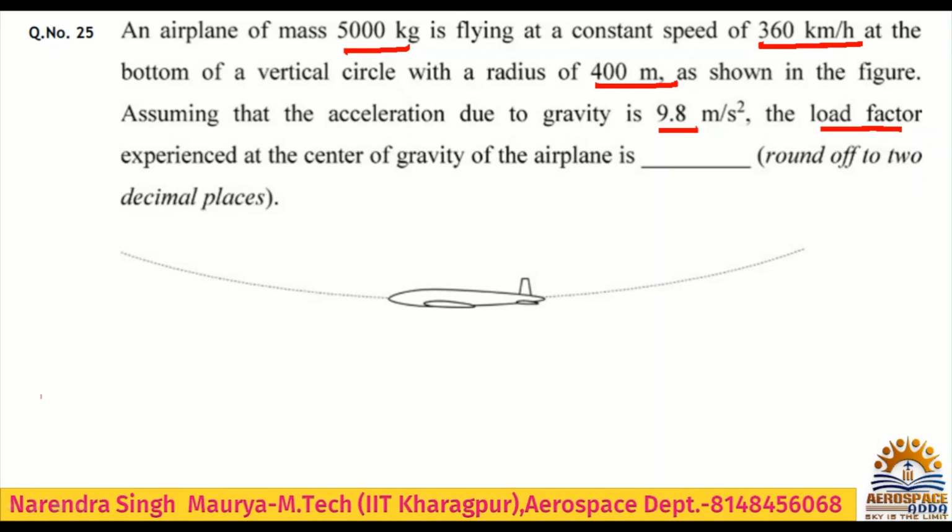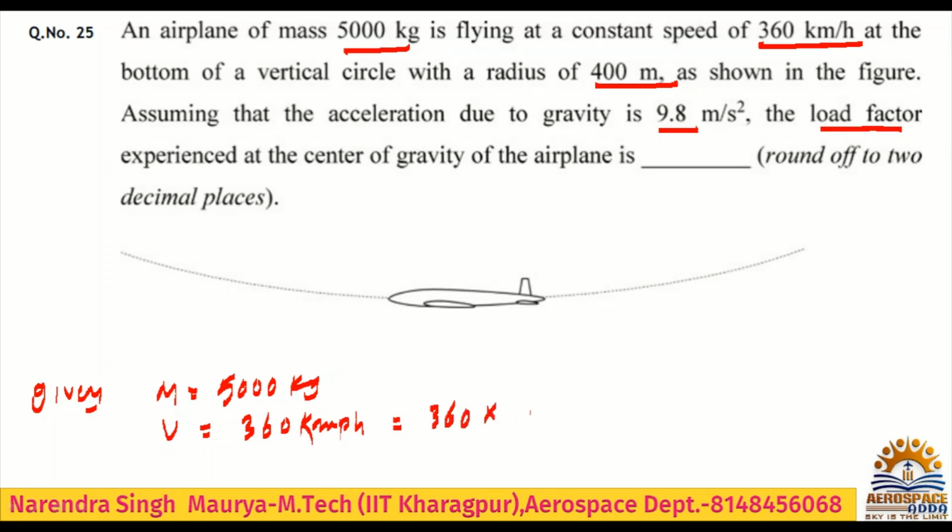So we'll write all the given values. Mass is 5000 kg, velocity is given as 360 km per hour. You convert it into meter per second, so you just multiply by 5 by 18.